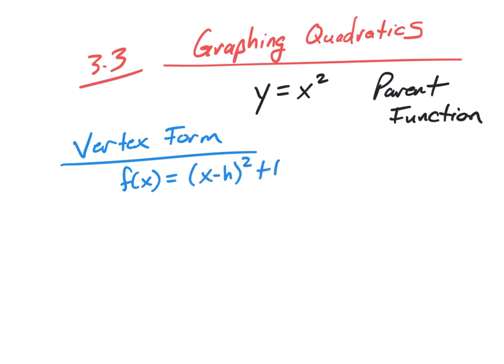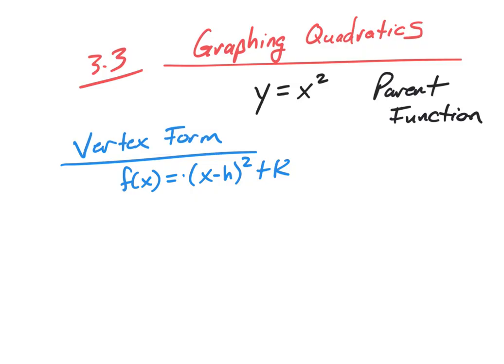The generic form of vertex form looks like this. And this is kind of like what we saw with transformations last chapter: the number inside here tells me it's going to move left or right, but it's going to be opposite. The number at the end is going to tell me how much it's going to move up or down, and it's going to be the same.